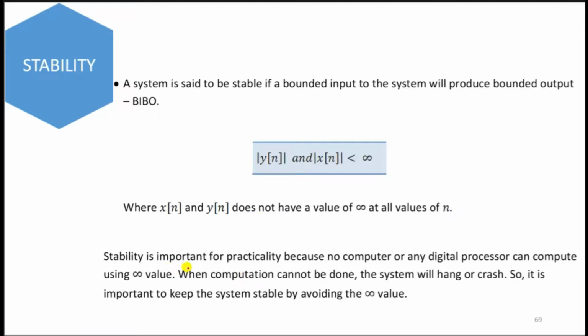Stability is important for practicality because no computer or digital processor can compute using an infinity value. When computation cannot be done, the system will hang or crash. So it is important to keep the system stable by avoiding the infinity value.